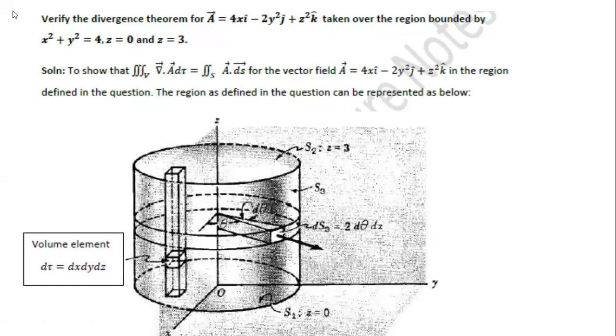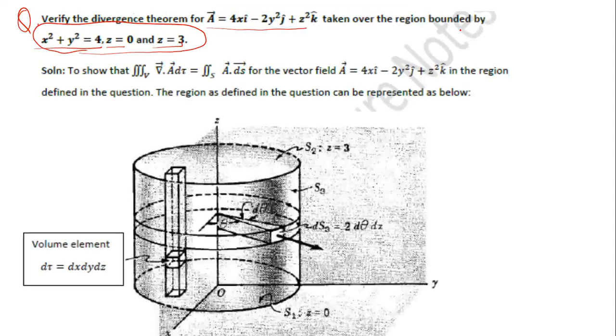Here it says verify the divergence theorem for vector field A taken over the region bounded by this surface, this surface and this surface. The general equation of a surface we represent like this: phi equal to c, where phi can be a function of x, y, z.